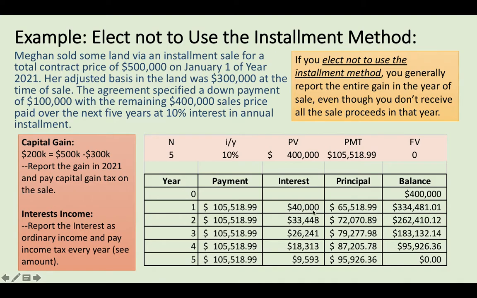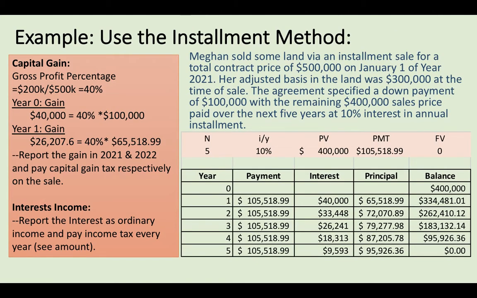But for the next year, you will receive interest and recognize the interest income. You pay income tax on that interest income. From year 1 all the way to year 5, you have to pay income tax on the interest you received.